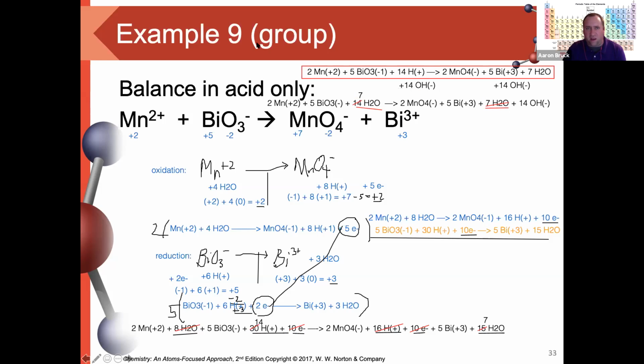And so the net result for base would be 2 manganese 2 plus ions, 5 BiO3 minus bismuthate ions, 7 waters, making 2 permanganate ions, 5 bismuth 3 plus ions, and 14 hydroxide ions.